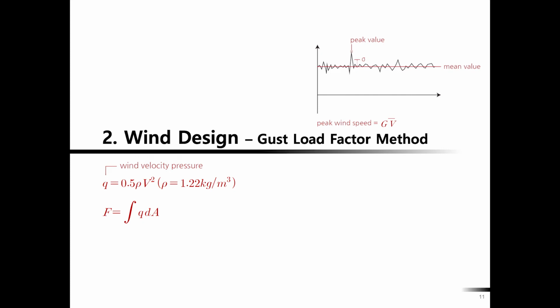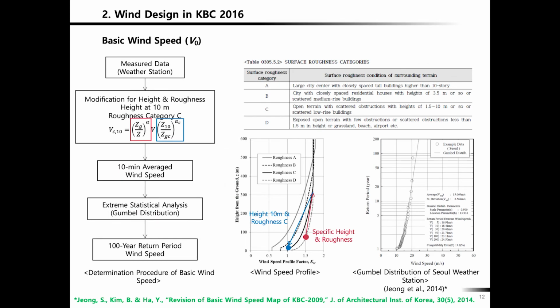So that is also expressed by the gust load factor. However, that's not really an accurate method to reflect the real dynamic behavior. But anyway, most of the code provisions adopt this method.